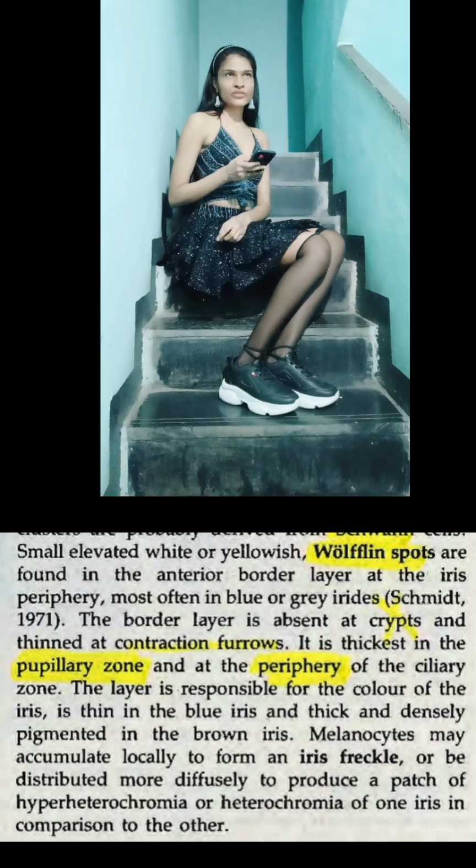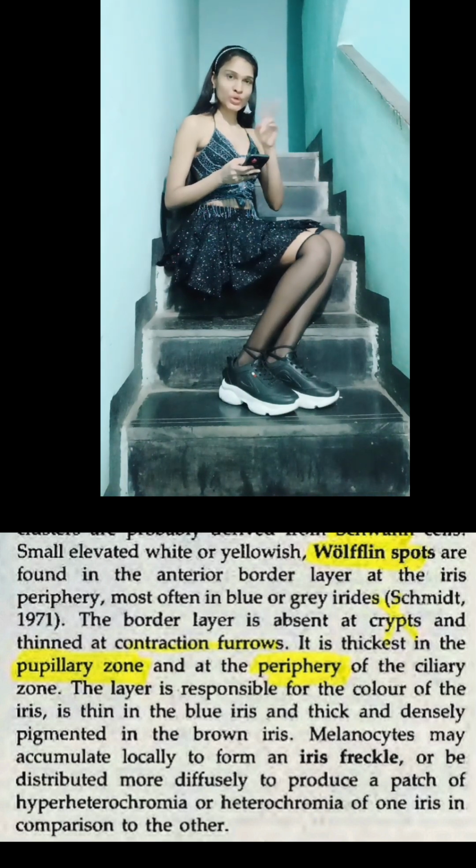Now melanocyte aggregation can form an iris freckle in this layer, or even distribution in between the two irides causes the similar color of both the irises. Otherwise, it leads to heterochromia or hyperheterochromia depending upon the pigmentation. So it's because of these melanocytes in this layer, also in the stroma.